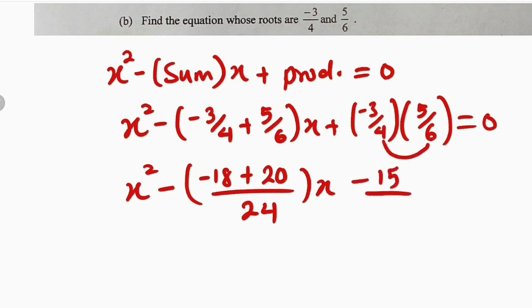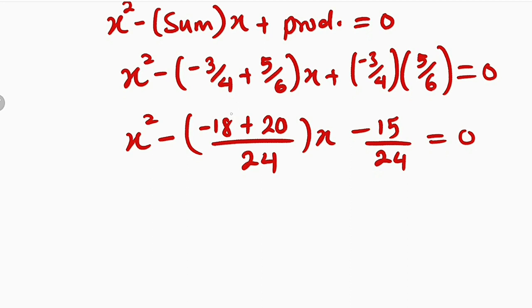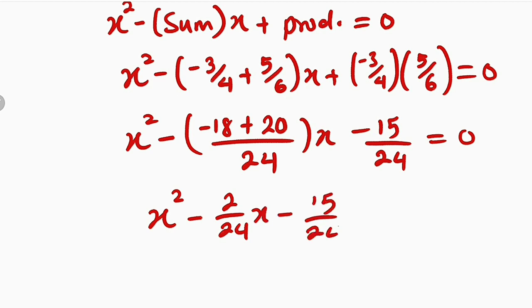Divide by 4 times 6 is going to give us 24. The whole of this equal to 0. We know that negative 18 plus 20 will give us positive 2. So we have x squared minus 2 over 24x minus 15 over 24. And this is equal to 0.